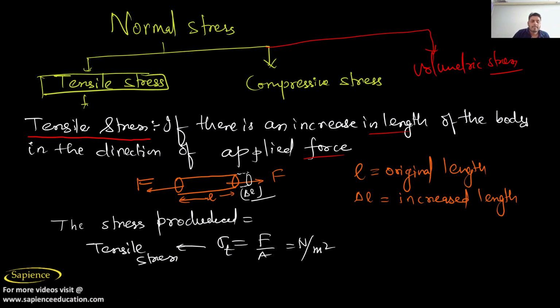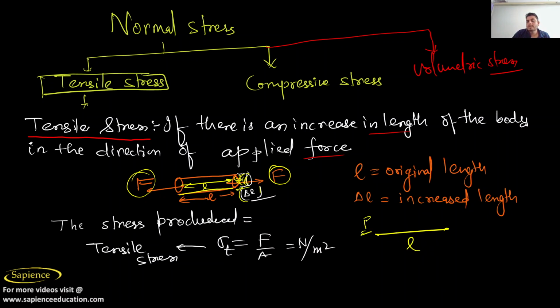See, let us say this is the original length. Try to understand, this is the original length of the object. When you apply the force in both opposite directions, what will happen? Its length is being changed. See here, earlier this red color was the original size, but with this white color, this change in length happened.